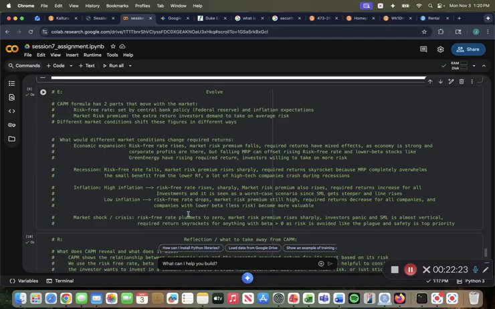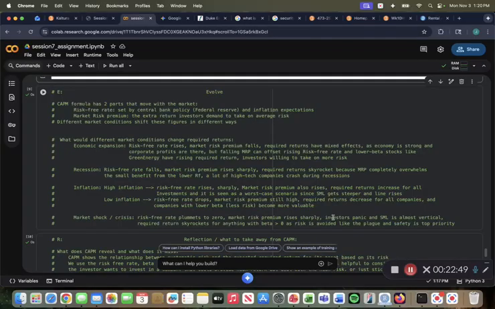And then for low inflation, this decreases required returns, and companies with lower betas become more valuable because investors are still willing to take on less risk. And then also in a market shock or a crisis, this is really bad. The risk-free rate plummets to zero and the market risk premium rises sharply.